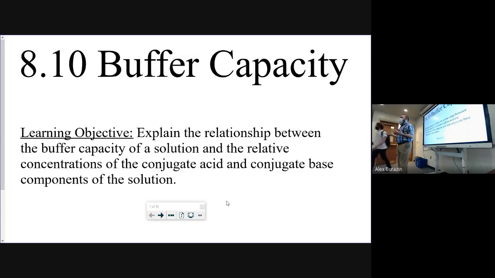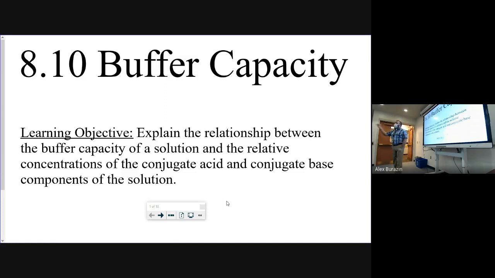One of the biggest problems in this unit specifically is, once we get done with buffers, you forget what we were up to in 8.2 and 8.3. Then you start trying to use the Henderson-Hasselbalch equation for everything because it's nice and easy, but it doesn't work for everything. What does the Henderson-Hasselbalch equation work for? That's it.